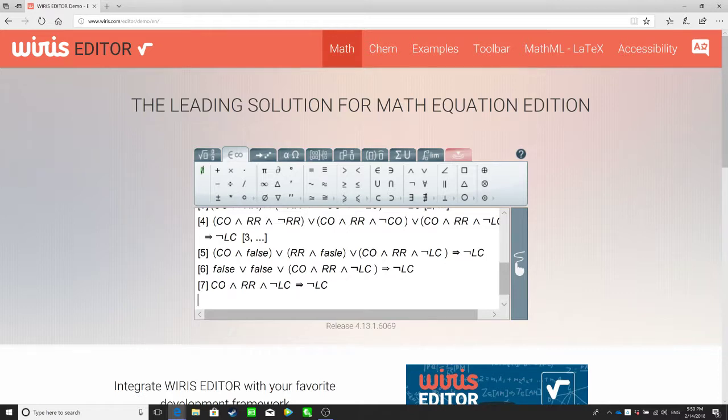Then again we apply that. So this is much easier, right? Much simpler than the first one, because it basically only has something there.